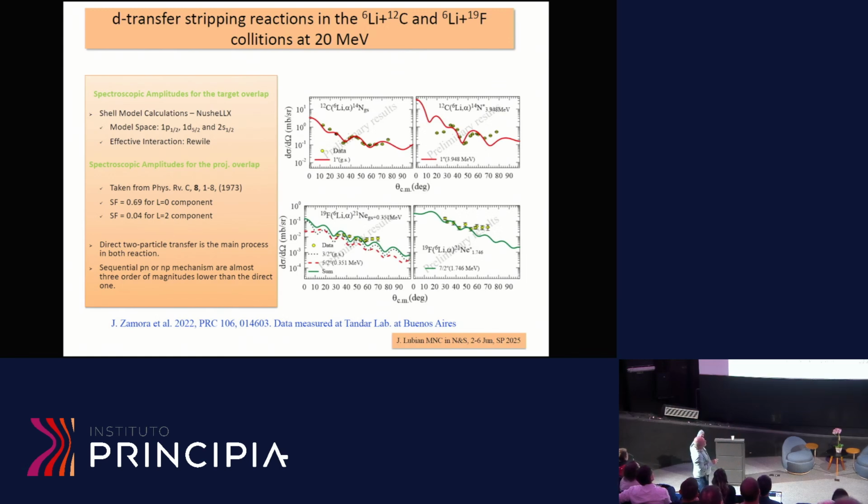The experimental data were measured at the Tandar laboratory in Buenos Aires. So we did this calculation, and you see we could describe the transfer for the ground state and for the excited states. In this case, we have the sum of two states that are not resolved experimentally.